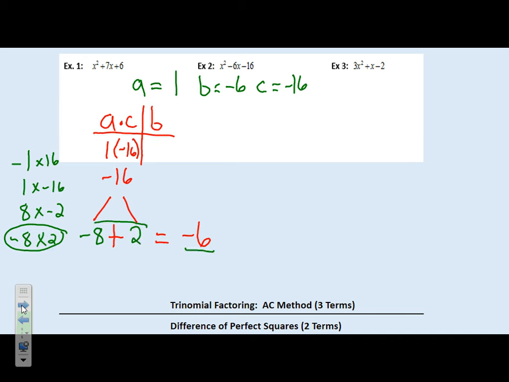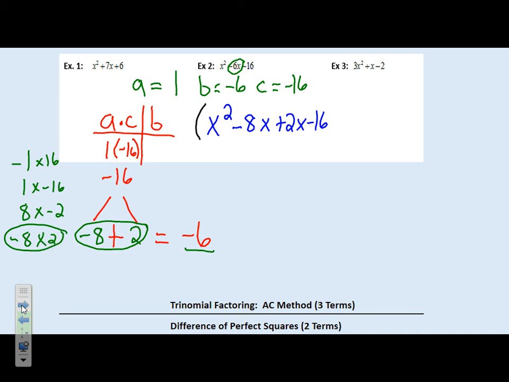So this is what's going to replace my negative 6x. So if I rewrite my problem, I'm going to get x squared minus 8x plus 2x minus 16. Right? Once we're here, we're going to go right back into our grouping method.